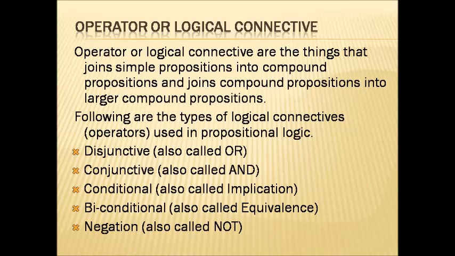The second one is conjunctive, also called the AND operator. Then we have conditional, biconditional and negation operators. On the screen you can see 5 different types of logical connectives. Now we are going to see each of them one by one, first the disjunctive, then the conjunctive, like that.